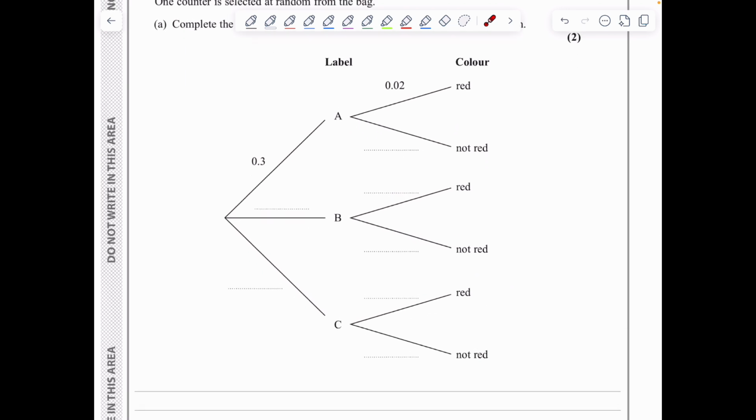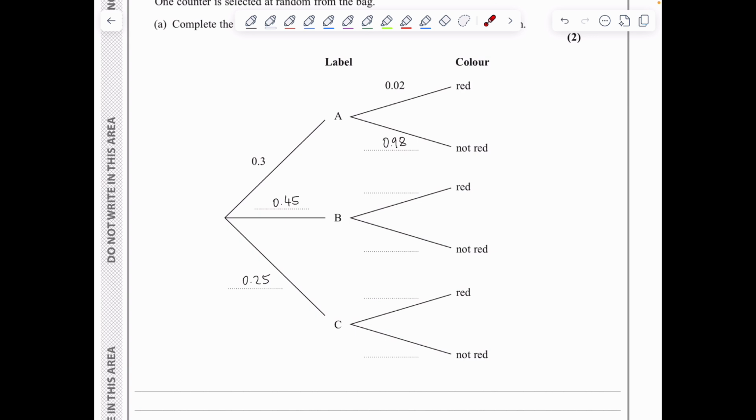So we know that the probability of picking B is simply 0.45, and the probability of picking C is 0.25. Remember that these three probabilities need to add up to 1, because when I draw a counter, surely one of them will be A, B, or C. Now the probability that it's red, given that I picked A, is 0.02, so the probability it's not red is 0.98.